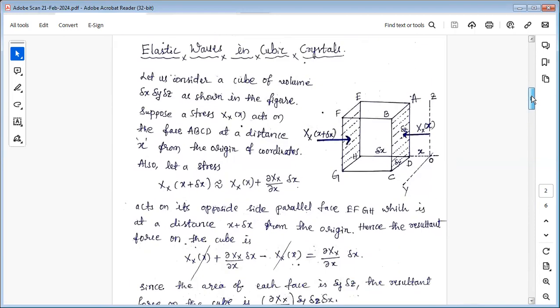This was the elastic material we had considered. When stress is given to this elastic material, it starts to vibrate, liberating elastic waves, and we argued that these elastic waves are propagating in the x direction.